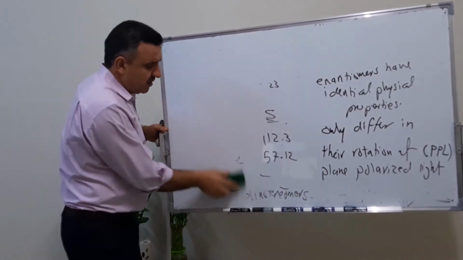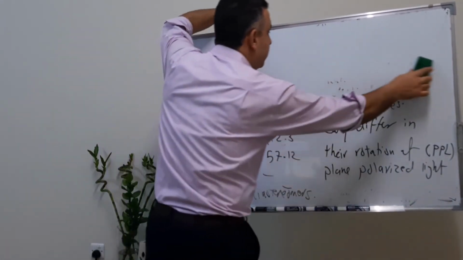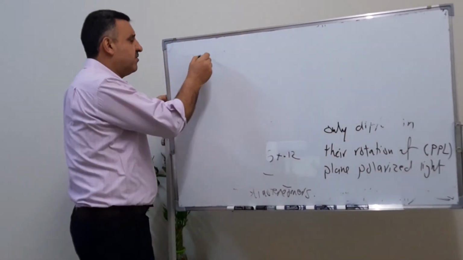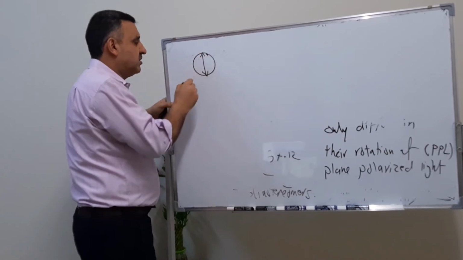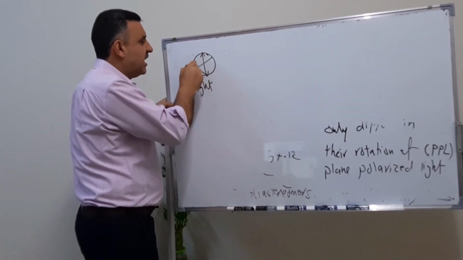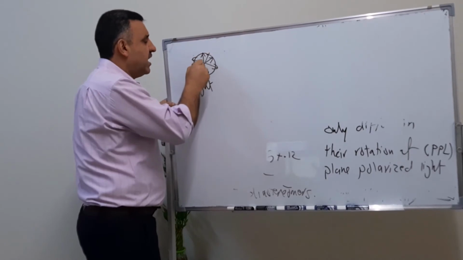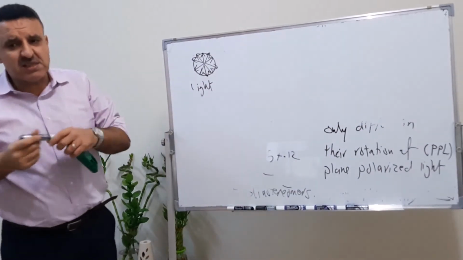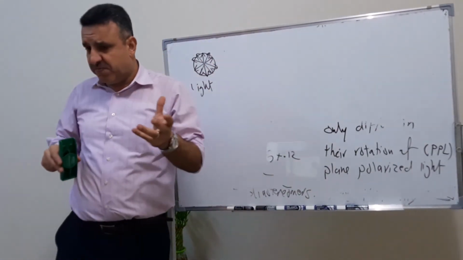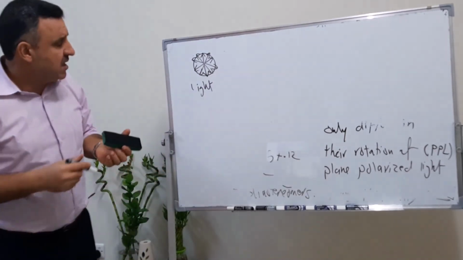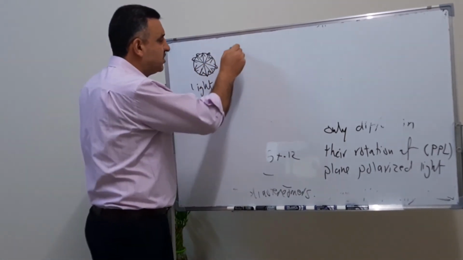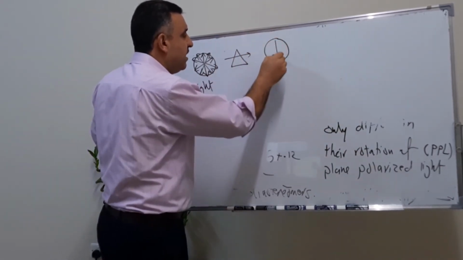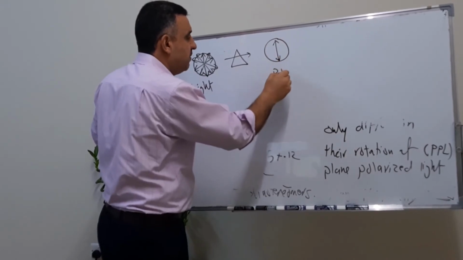Now let's just explain a little bit about what we call the polarimeter and the plane polarized light. In principle, whenever you have ordinary light, this light will always oscillate in all perpendicular directions. Do you follow me? So this light, any light in this room, for example, you can see it from all directions. But if you allow this to pass through a certain prism, it will be changed into something called plane polarized light.